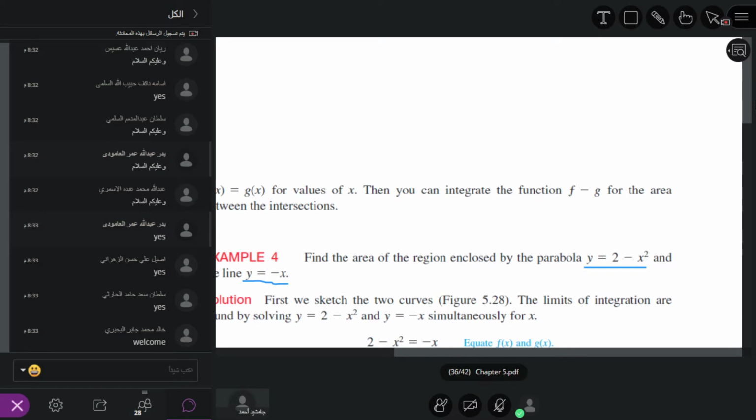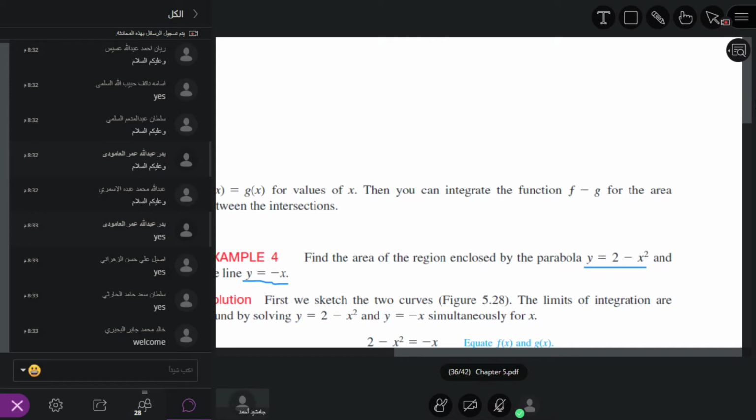And if we have y is equal to minus x square, it is downward, and its turning point is again 0, 0.